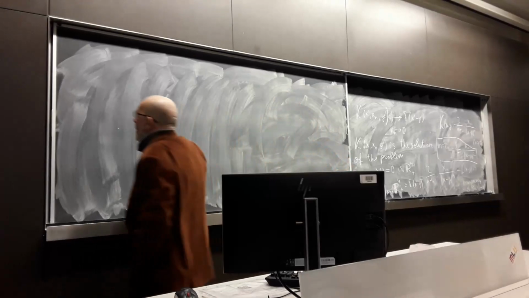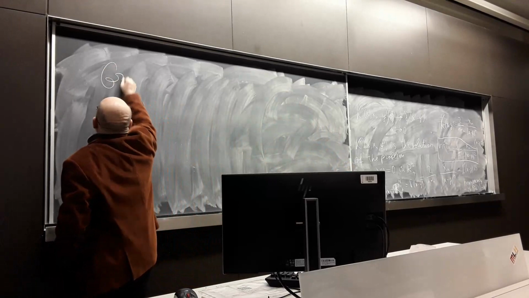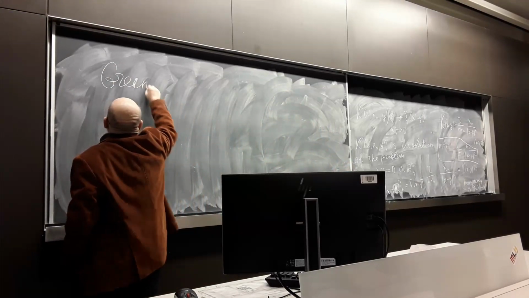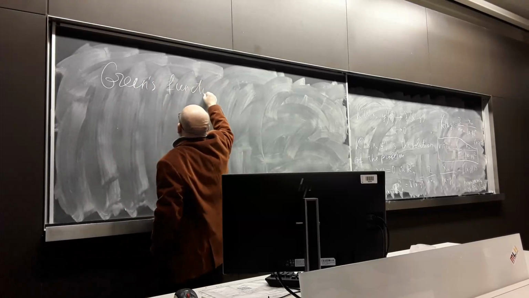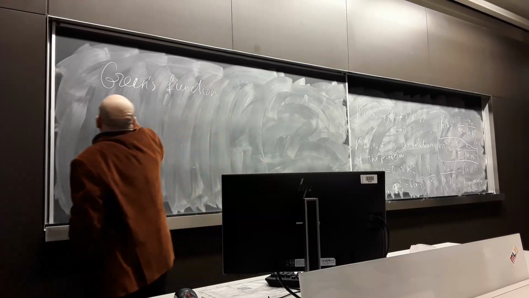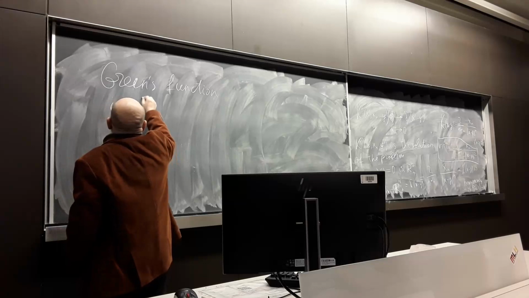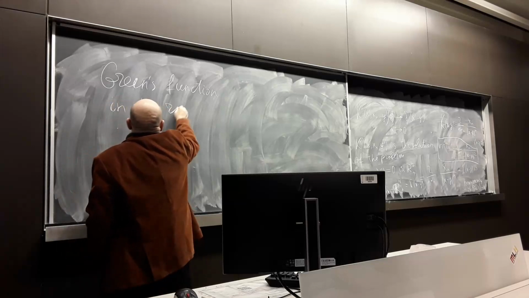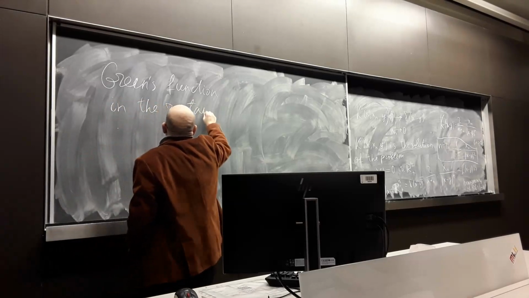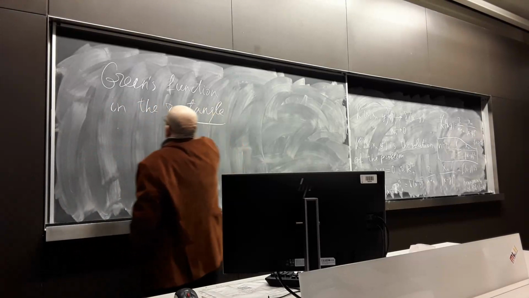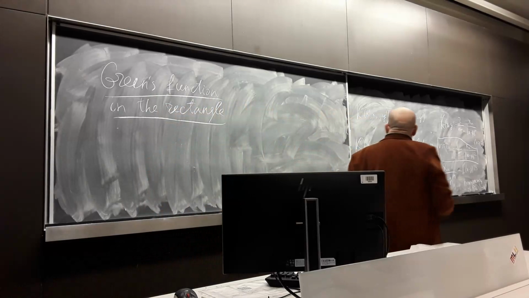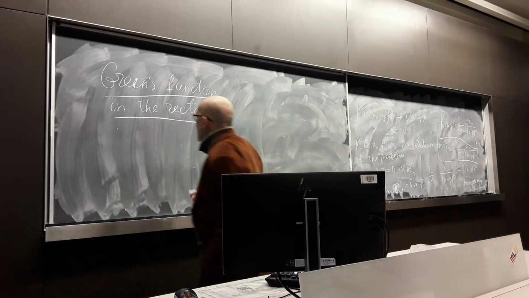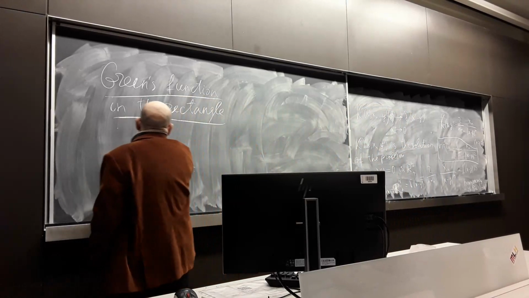I want to consider Green's function in the rectangle. How to construct it?